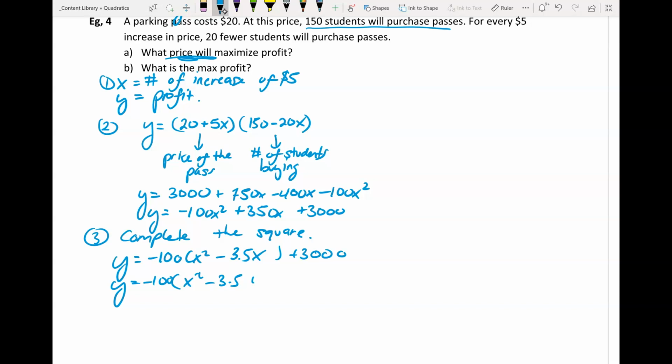It's going to be 3.0625, and remember to subtract that as well. I'm going to bring this negative 3.0625 on the outside, and I will have to multiply it by the negative 100 to undo the factoring.